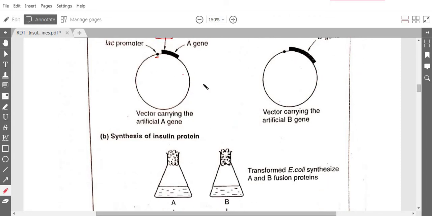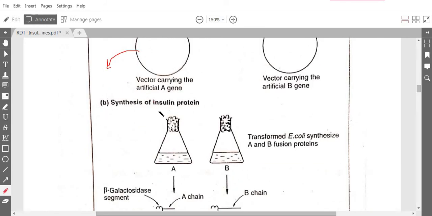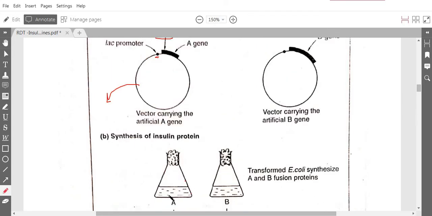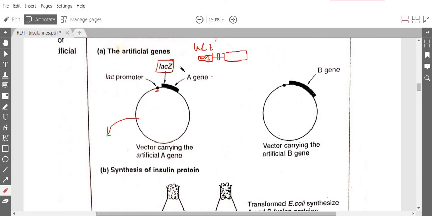So we have taken this into E. coli cells, say artificial transformation is done. After making this recombinant DNA, artificial transformation can be conducted so that this recombinant DNA can be transported into the E. coli cell, and now the recombinant E. coli cell is inoculated in a suitable broth, so that if the recombinant cell is present, it will release the A gene product, that is the A chain actually, together with the beta-galactosidase enzyme plus the methionine portion.